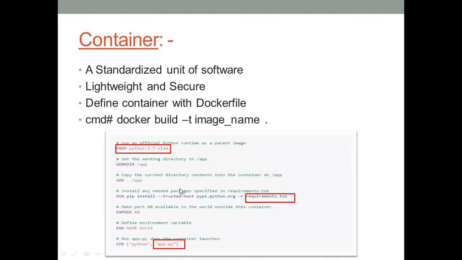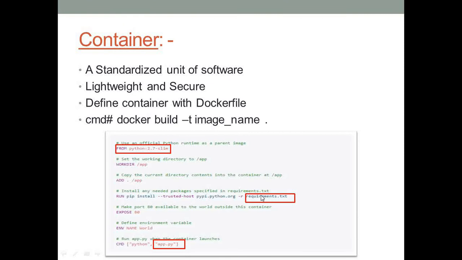Then it is going to run a command that opens requirements.txt, which should also be under /app. So it is going to check what the requirements are for the container to initialize.